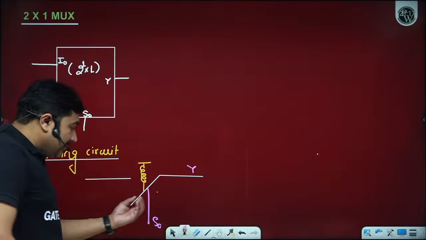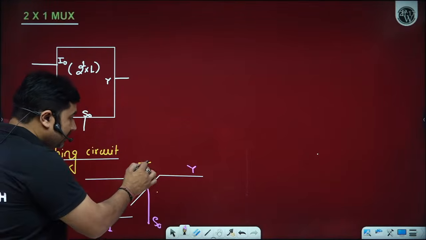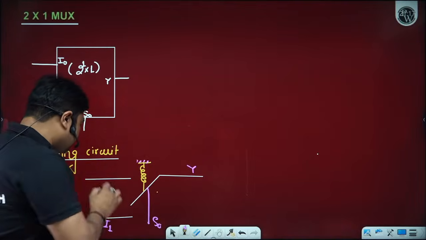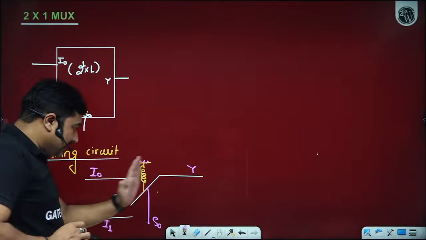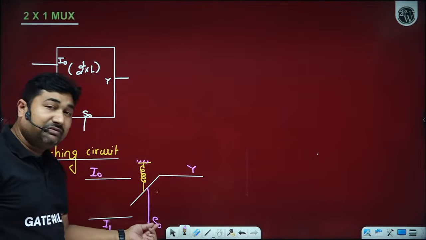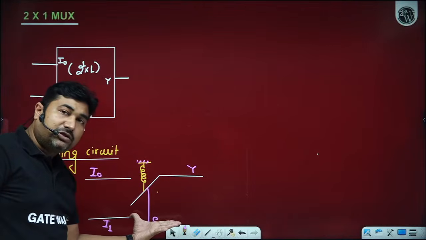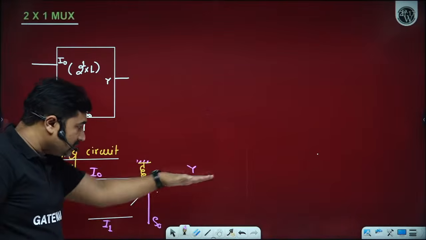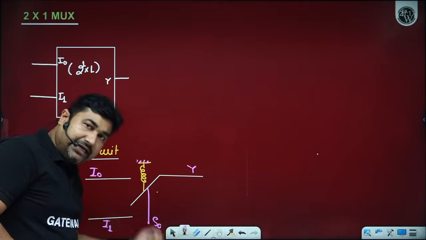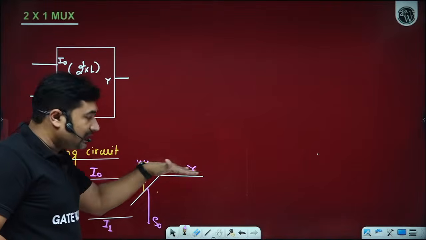In case I am not applying any force on this string, the spring will return the switch to the I0 position. So it gets connected with I0 when S0 is equal to 0, when I am not applying any force. If I apply a force onto this string, then I1 is connected with the switch.